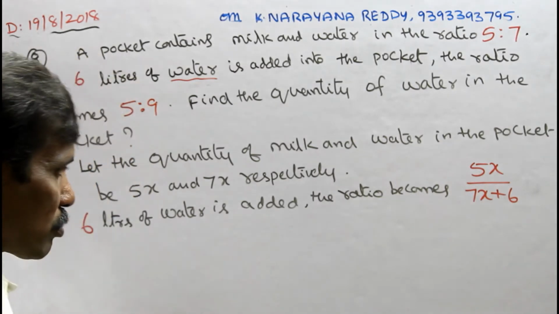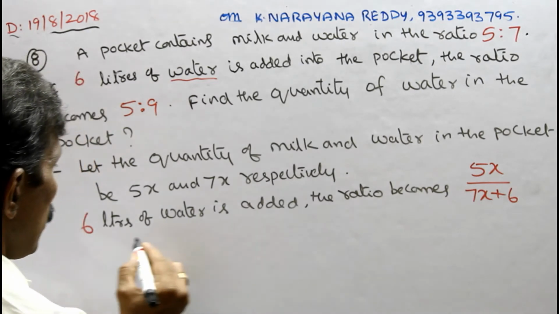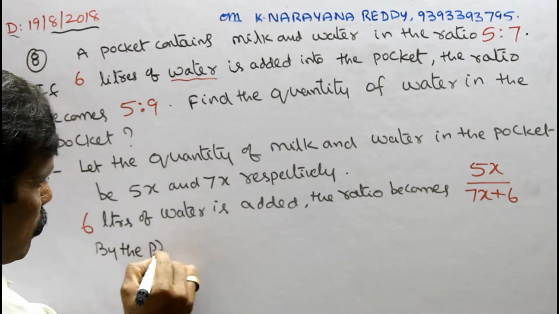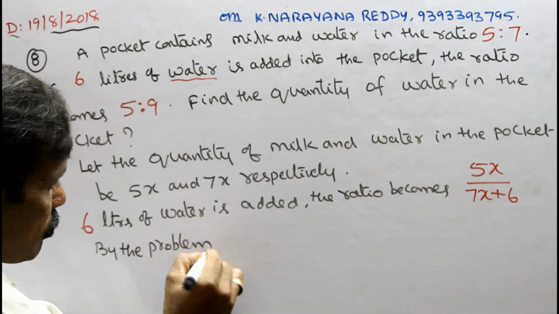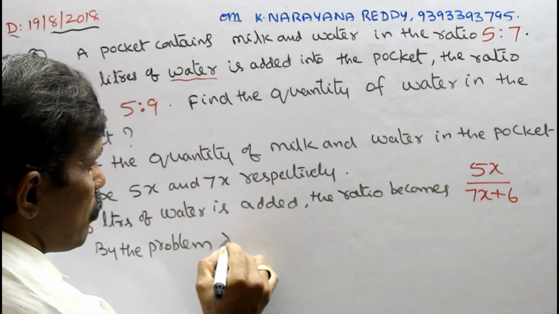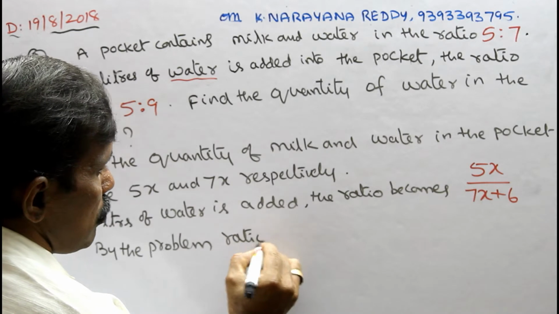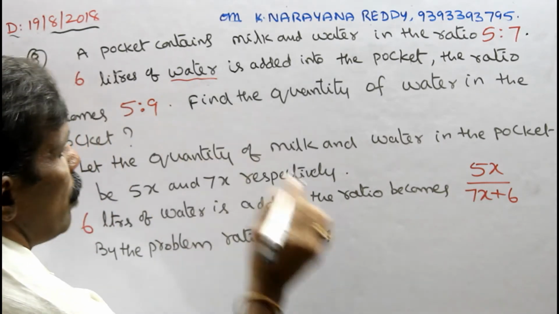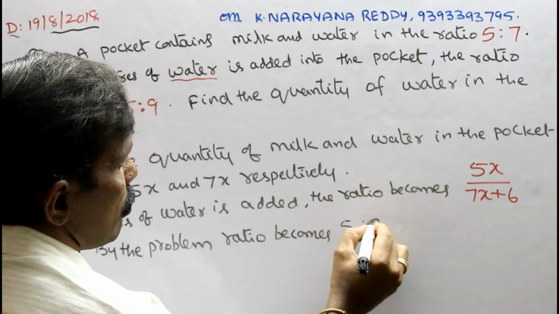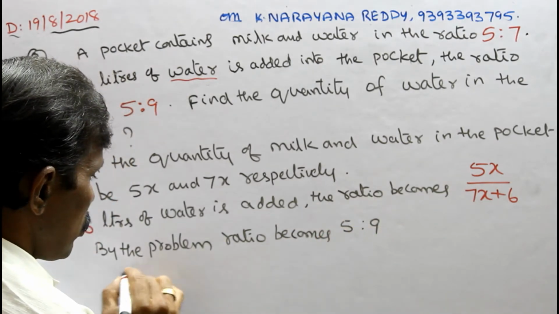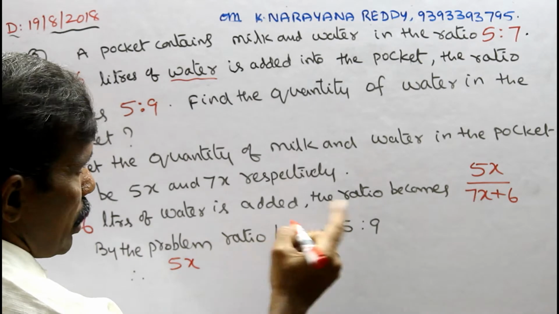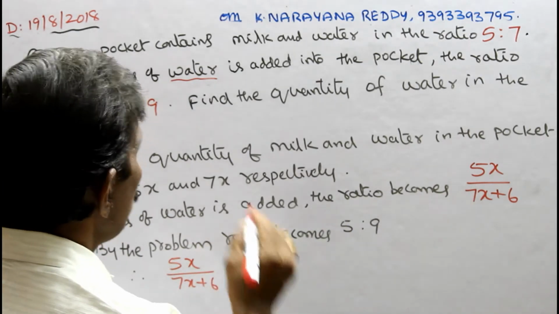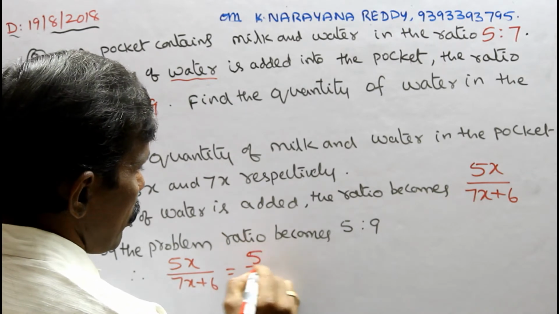So, the ratio becomes, by the problem, 5:9. Therefore, 5x divided by 7x plus 6 equals 5/9.